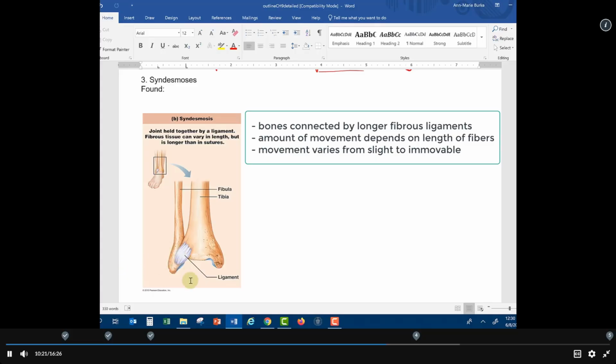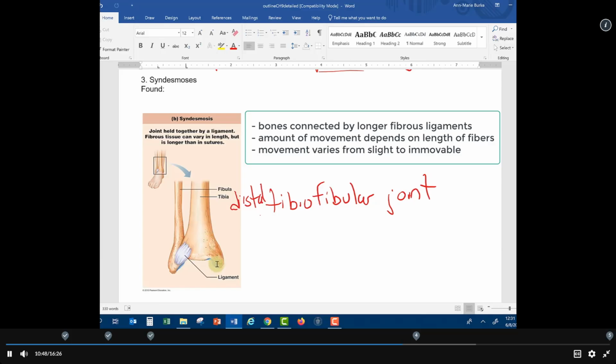Now this joint here is called the tibiofibular joint. And there's a clue in the name: tibio, tibia, fibular, fibula. Now there are two places where the tibia and fibula come together. This one is called the distal tibiofibular joint, because it's far from where the bones connect to the body.